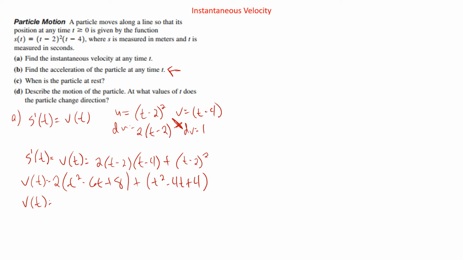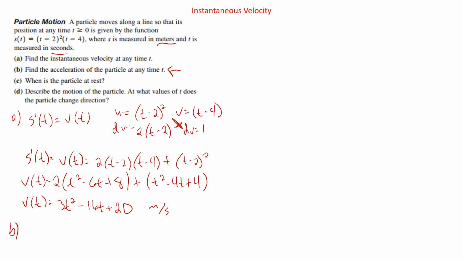So we have 2t squared plus t squared is going to be 3t squared. We'll have negative 12t minus 4t is negative 16t. And then 2 times 8 is 16, plus 4 is plus 20. So our velocity at any given time is going to be 3t squared minus 16t plus 20. If we were looking for our units, we had meters and seconds, so we have meters per second.